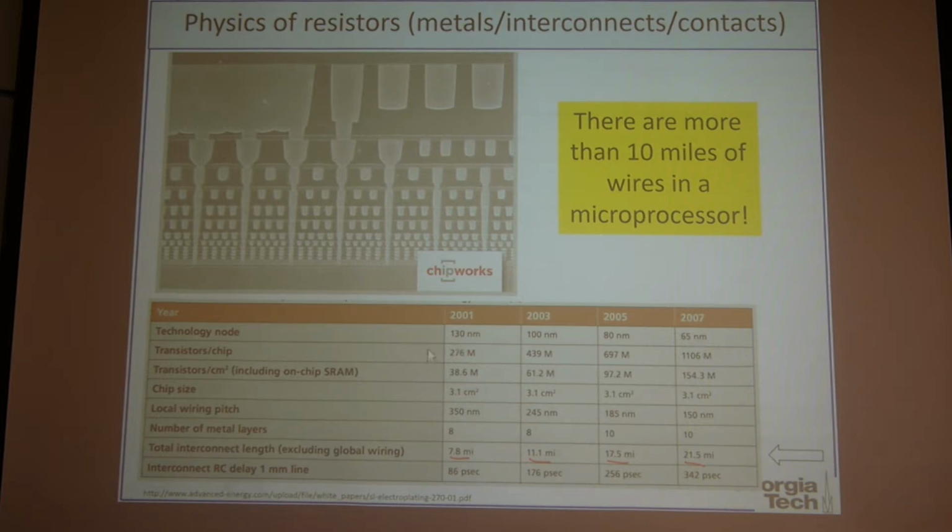Here is the number of transistors on the chip, and then this one is the interconnect length. For today's chip, it's more than 10 miles. If you unroll that interconnect into a single line, you will have more than 10 miles on this tiny chip. So this is a lot. Any questions here?